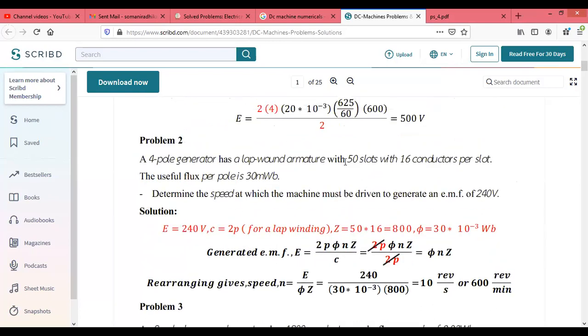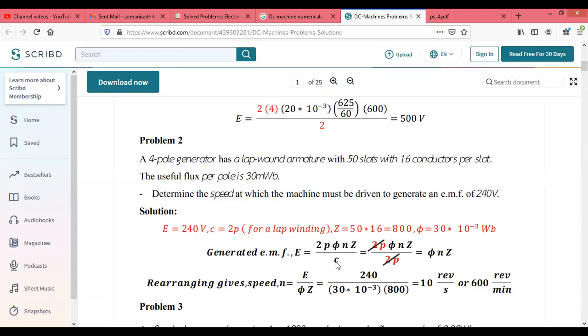They have given the number of conductors per slot, so we will get the total number of conductors for that DC machine. The flux they have already given. So we have the EMF equation for the generated EMF, since they have asked to generate the EMF. Generated EMF equals 2p phi NZ upon C, or you can directly take capital P here, so there is no need to write 2p.